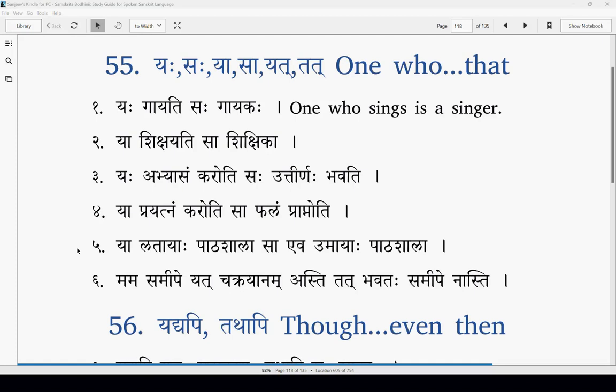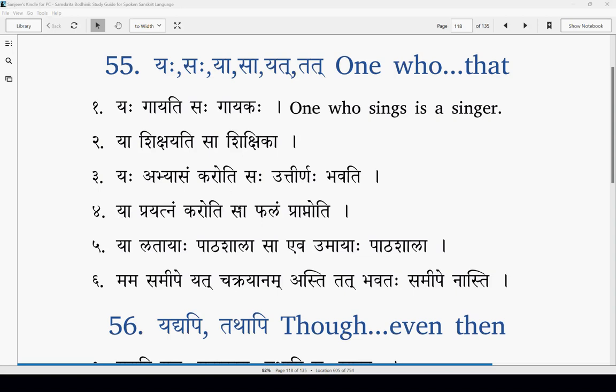And Ya Prayatnam Karoti. Here also you can introduce another noun which is in the same linga vibhakti vachana as Ya. Ya Chhatra Prayatnam Karoti, Sa Chhatra Phalam Prapnoti.